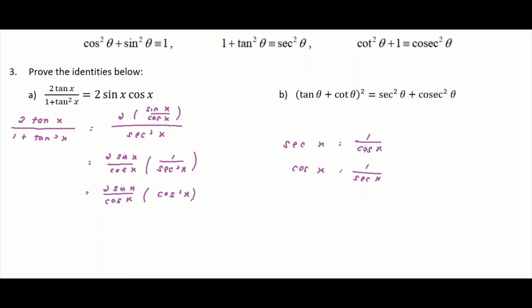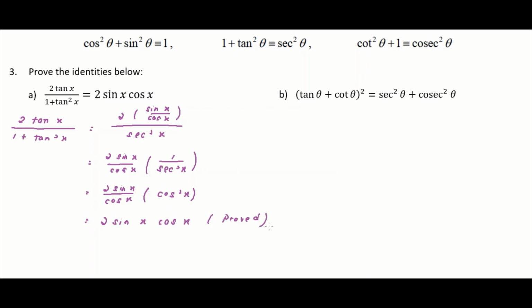You can exchange their places, right? That's why 1 over secant square x is basically cos square x. Now we can continue. So cos x, cos square x, so you have 2 sine x cos x. Proof.